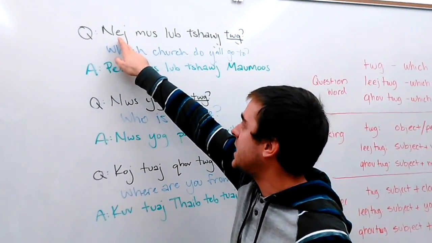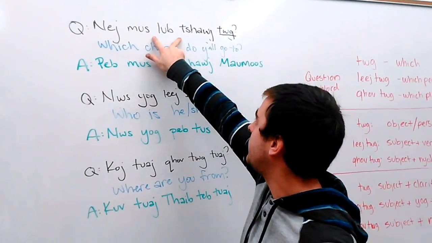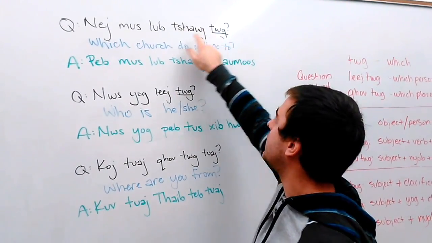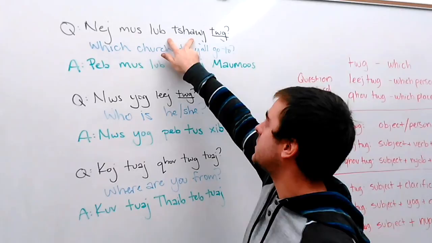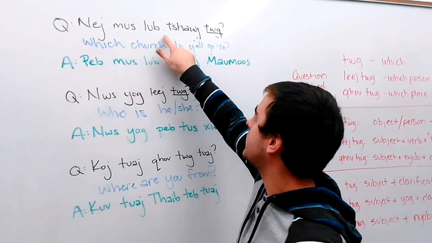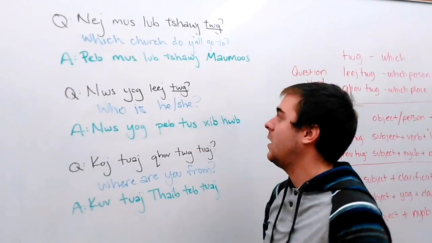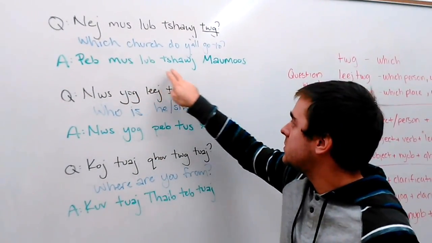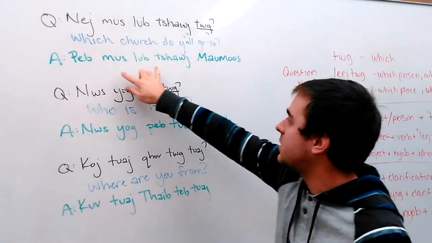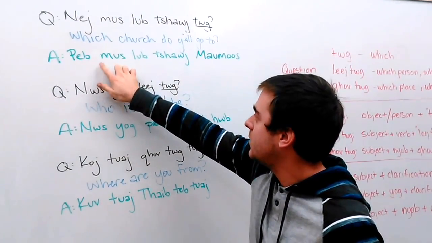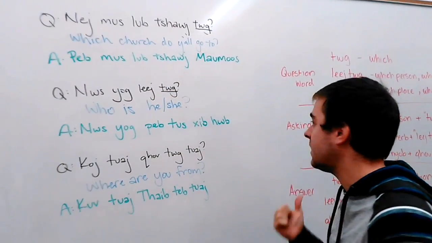This is the subject, and then we have the verb phrase, and then you see 的, and 的 is describing 路车, so it's which church. Lu Chao is church, and 的 means which. So which church? Bei Mu Lu Chao Mamong. This is the explanation, pretty much: the subject plus explanation, like we said over there.